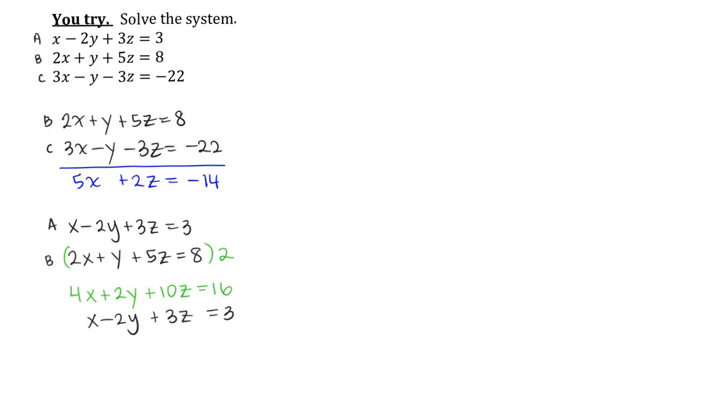Let's try it. 5x plus 13z equals 19. Okay. So I'm going to take this equation and this equation and line them up because they have x's and z's in them now.